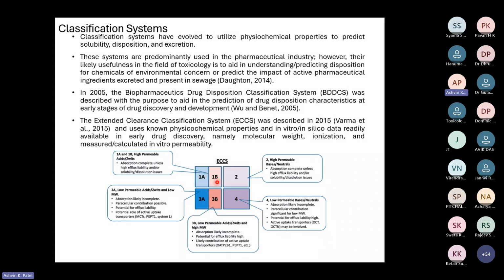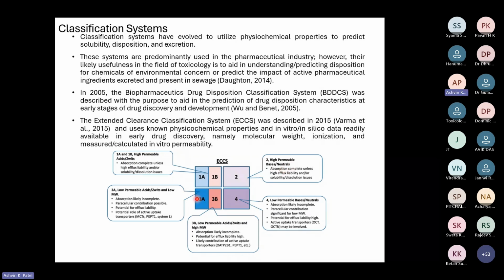First, classes 1A and 1B are highly permeable and absorbed; this is for acids. Class 2 is highly permeable for bases.